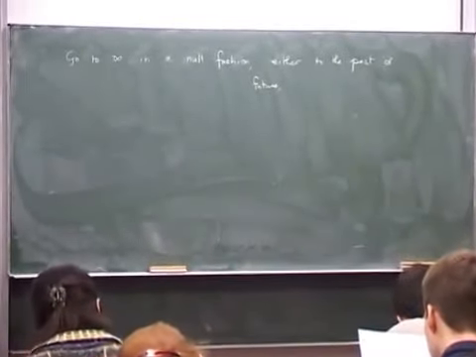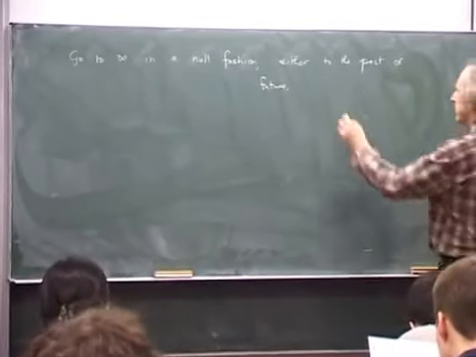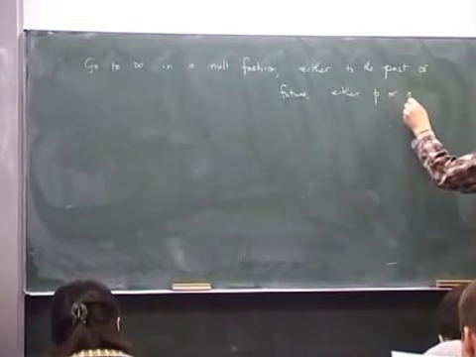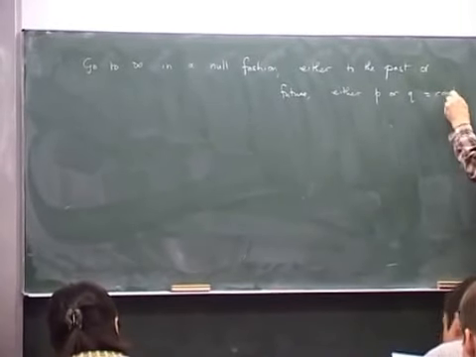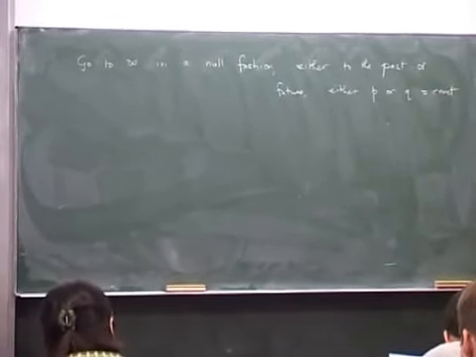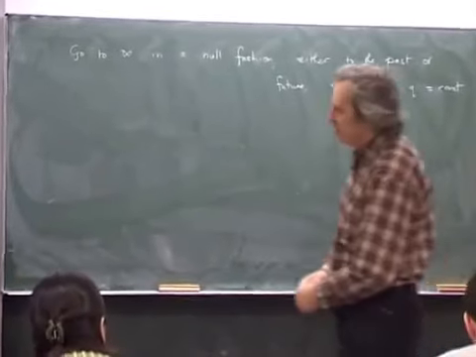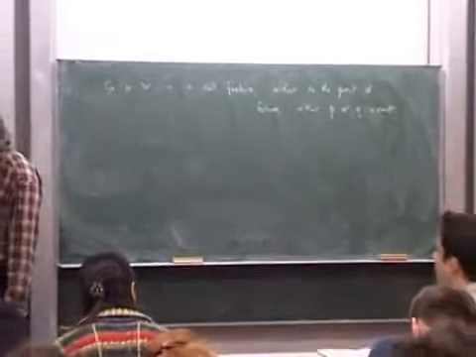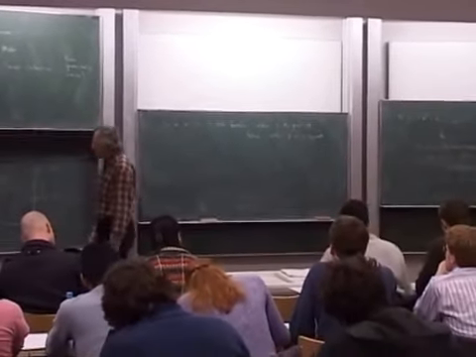So under those circumstances, either P or Q is constant. So all such lines will have their boundary, in fact, on the future and past light cones of these points.